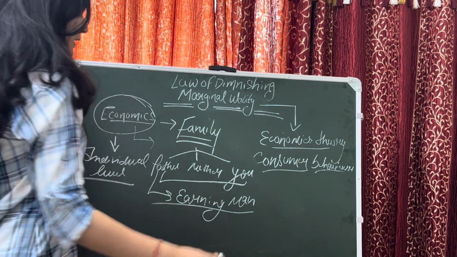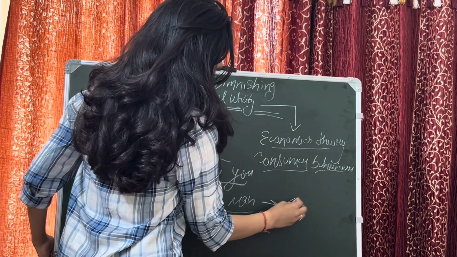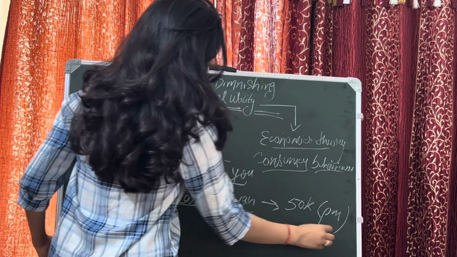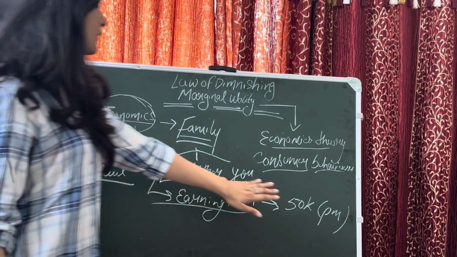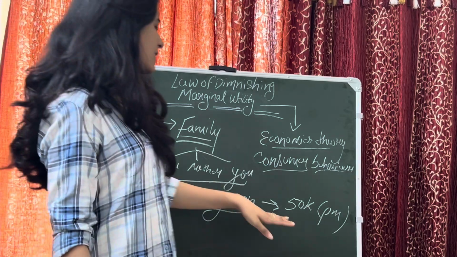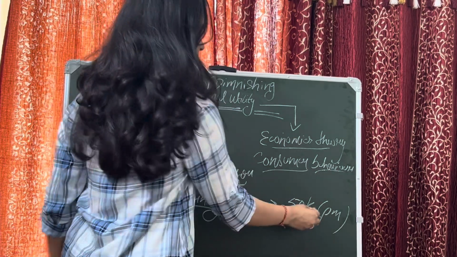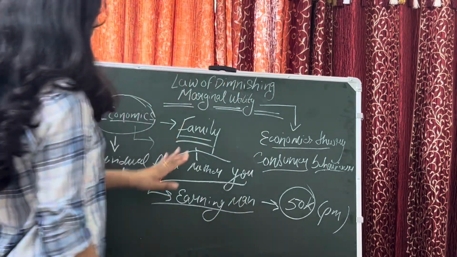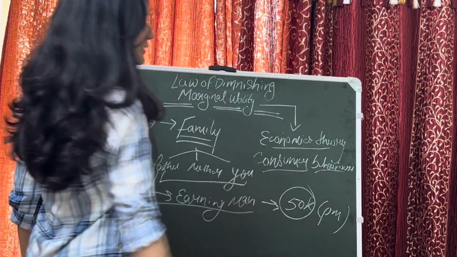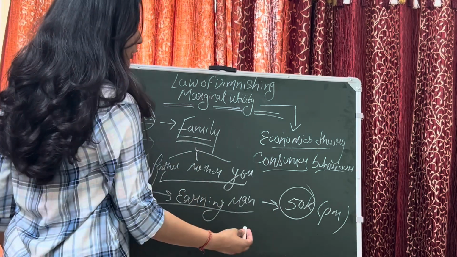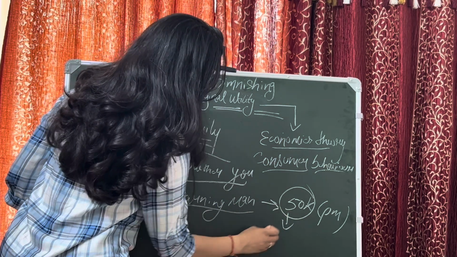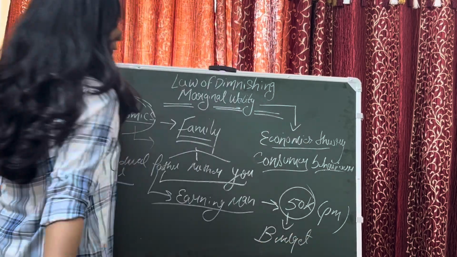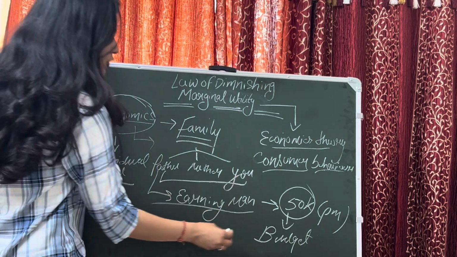So your father is an earning man and he is earning 50k per month. If he earns 50k per month, do you really think he will spend the whole amount on expenses? No, right? In every family, whenever a person earns some amount of money, at the beginning of the month he prepares a budget.